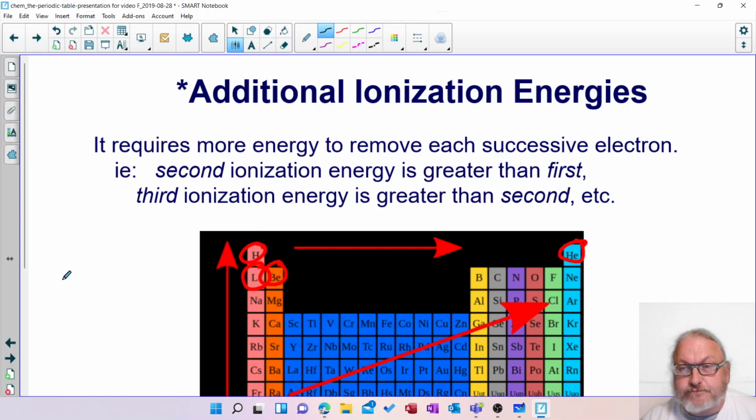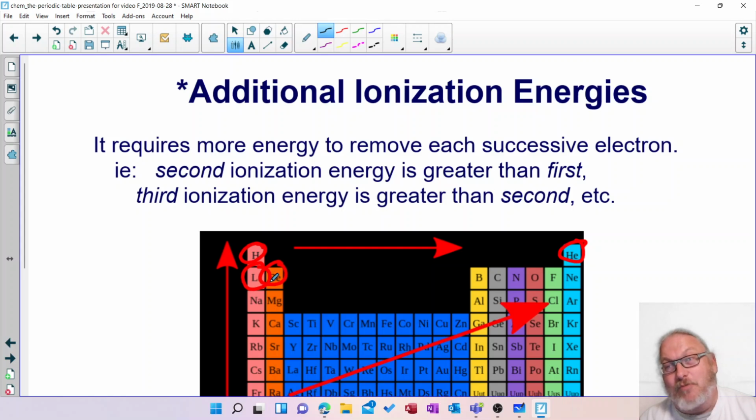The second ionization energy will require more energy. Why? Because the Zeff has really increased. Now, instead of the Zeff for the beryllium atom, for the beryllium cation it's going to be higher. There are going to be 4 protons and 3 electrons, right?